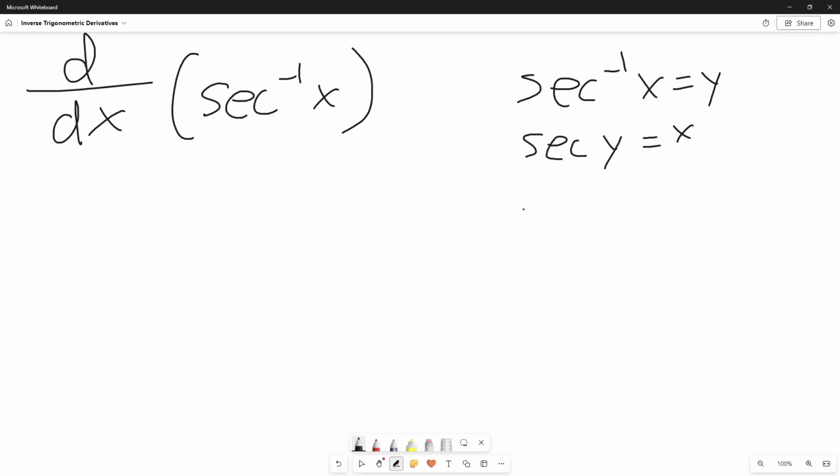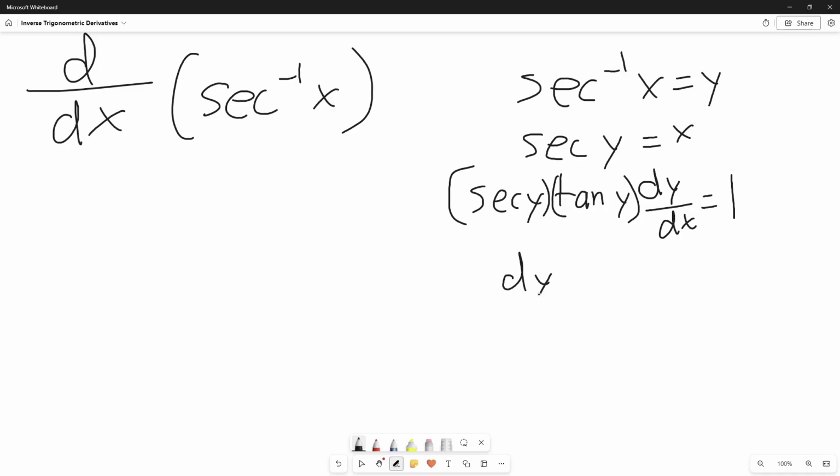So we just differentiate this using implicit differentiation, and we get secant y times tangent of y times dy over dx equals 1, and dy over dx is equal to 1 over secant y times tangent y. And dy over dx is going to be our solution to this. But you can't just leave your answer in terms of y. You have to do it in terms of x.